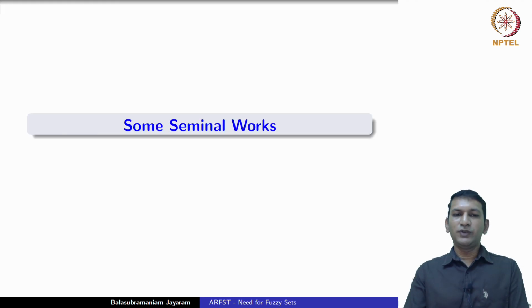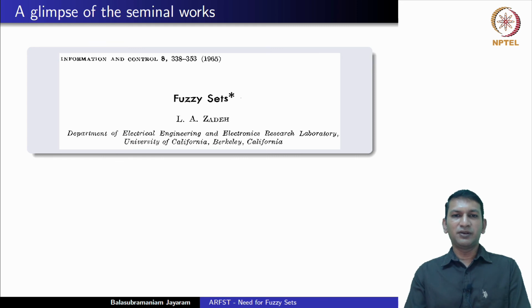However, before we close this lecture, allow me to flash at you a few seminal works. There have been quite a few. Perhaps my choice has been motivated by the content that we have covered in this lecture. This was the original paper of Lotfi Zadeh, who is credited as the father of fuzzy set theory. His paper appeared in 1965 in the journal Information and Control, wherein he propounded his new theory of sets, the generalization of classical sets to fuzzy sets.